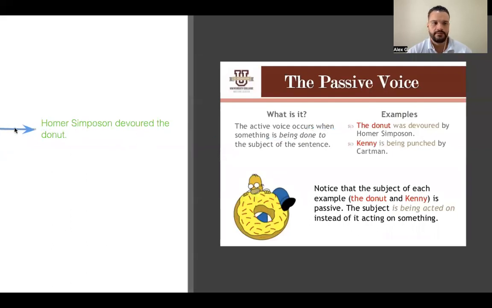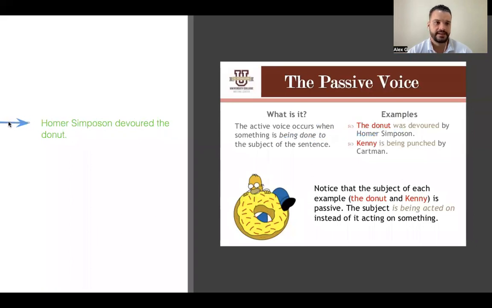Notice how we have the subject plus the verb plus the complement. In the passive voice, we have the object or the thing or person that's receiving the action plus the verb to be plus the past participle form of the verb, okay?